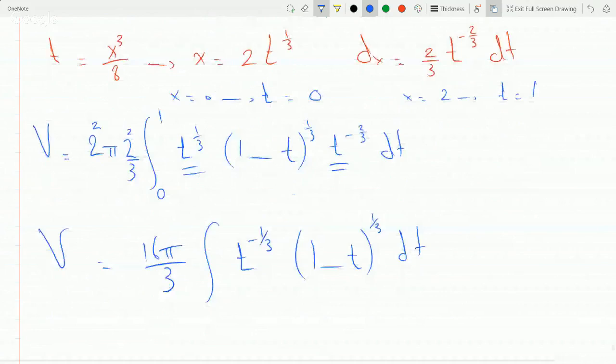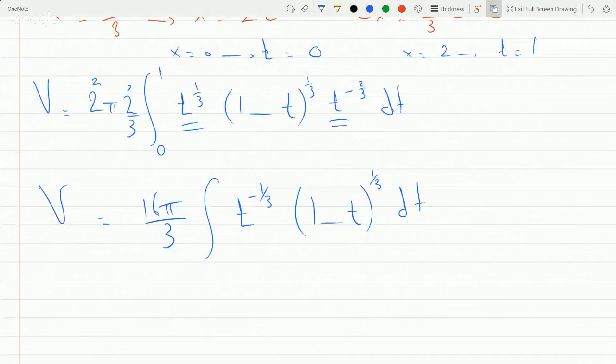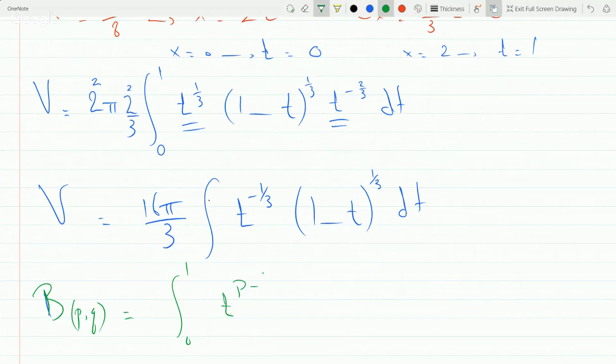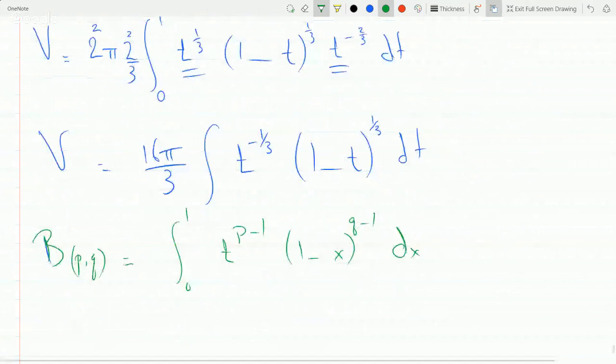And the reason we did this is to compare it to this guy here. Because B(p, q) is equal, this is the beta function, the integral from 0 to 1 of, let's use t, t to the p minus 1, (1 minus t) to the q minus 1 dt. This is the beta function, and now just match them.